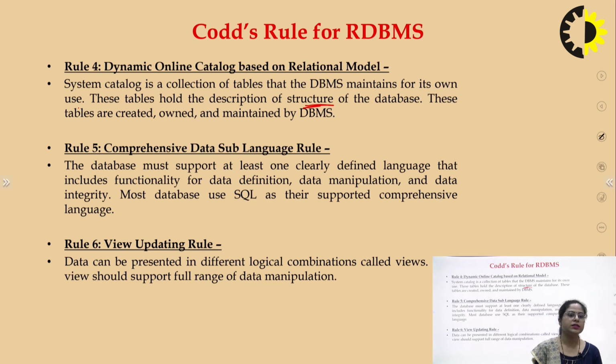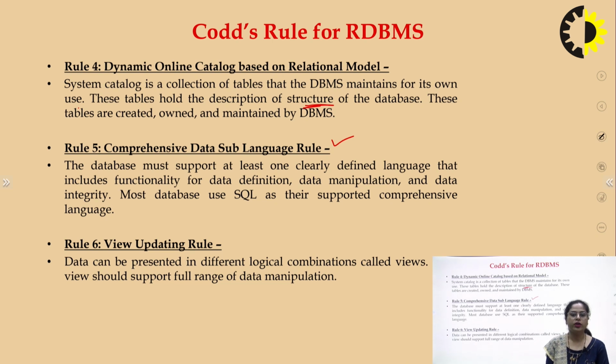The fifth rule is the comprehensive data sublanguage rule. The database must support at least one clearly defined language that includes functionality for data definition, data manipulation, and data integrity. In the database management system, we use the DBMS for storing information, for manipulation of the data, and for data integrity.